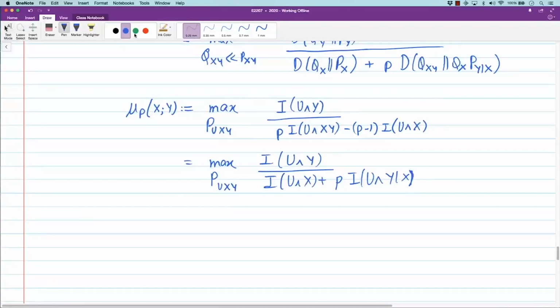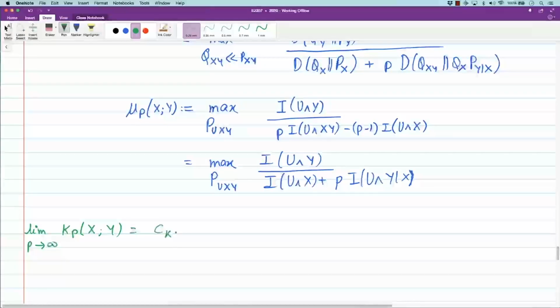Using this, what we can also see, I just roughly outlined the proof, is that in the limit as p goes to infinity this is exactly the same as the strong data processing inequality constant for KL divergence for P_XY.